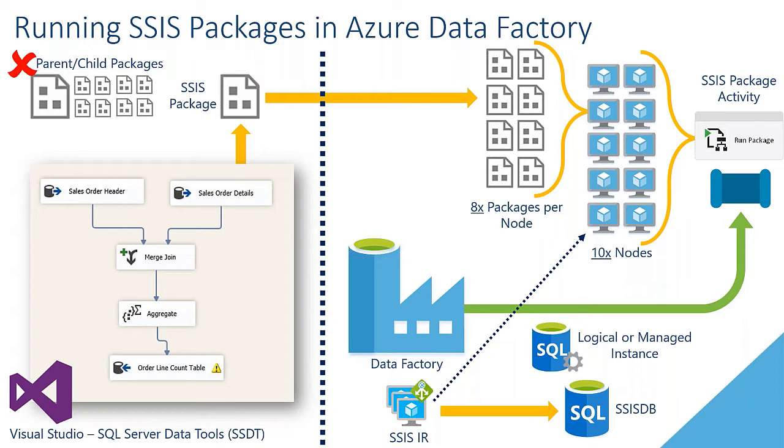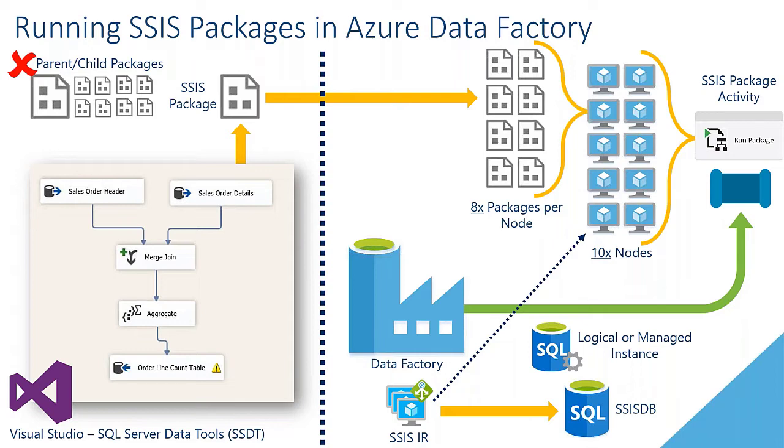What you will need to do if you move over to the Azure side of things is maybe refactor your packages so the activity within Data Factory becomes the parent, and then we call the children that way, and that's how we'll need to operate.